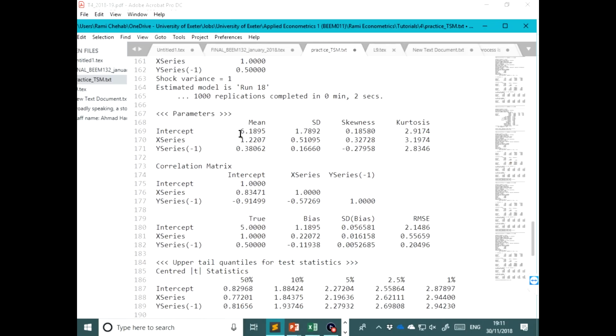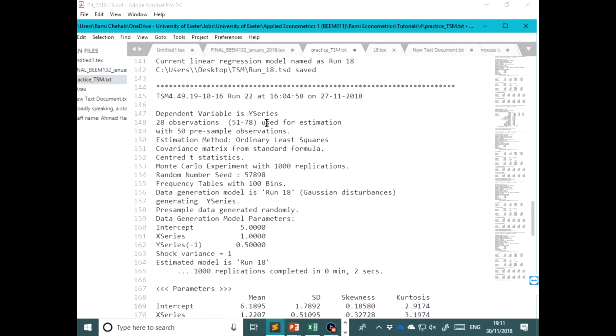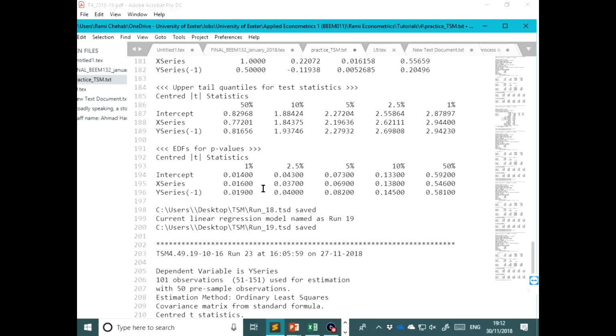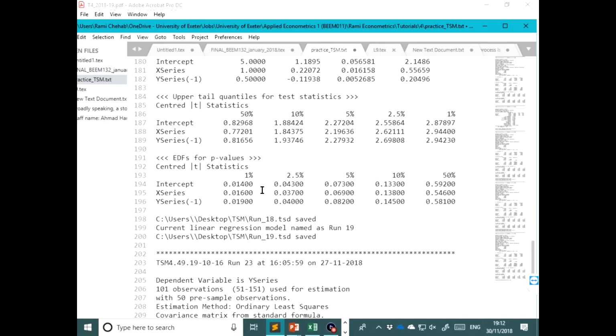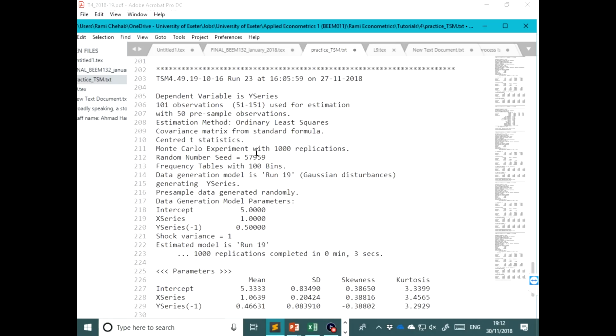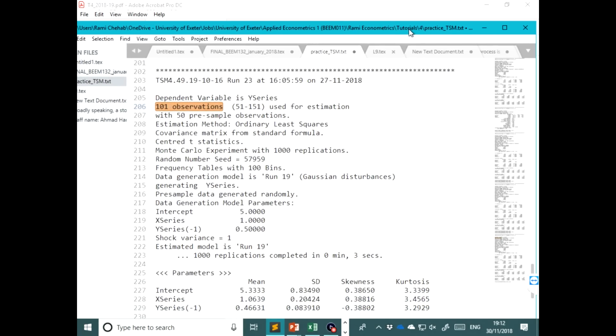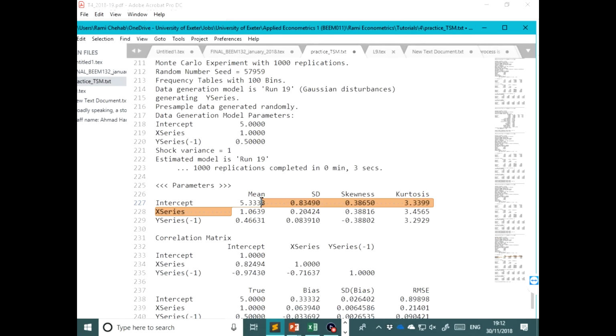For example, here when we have a larger sample, okay, when we have 28 observations as well here, but we have more experiments, you can see that these are changing from time to time. Here for example we have 100 observations. So now we are in this category, 100 observations. You will see that these values are getting closer and closer to the true values, which are 5 and 0.5, and this is 1.